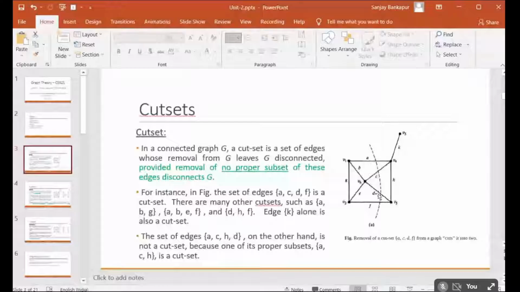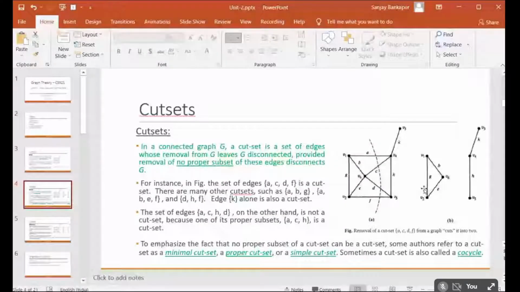If I remove ACDF, this cut set, the graph goes from one component to 2 components. This is one of the components, this is the other component, and all 4 edges got removed. Now, to emphasize the fact that no proper subset of a cut set can be a cut set, some authors refer to the proper cut set as a minimal cut set or a proper cut set or a simple cut set also.